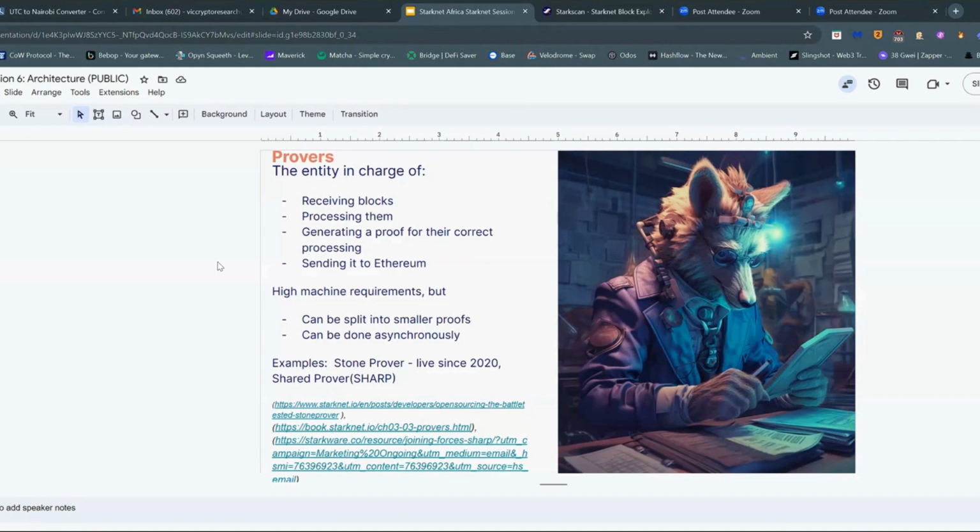So STARKs are a privacy-enhancing technology that reduces the amount of information that needs to be provided between the user and a scaling technology, allowing proofs to be verified faster because they don't contain the full amount of information for non-private systems.